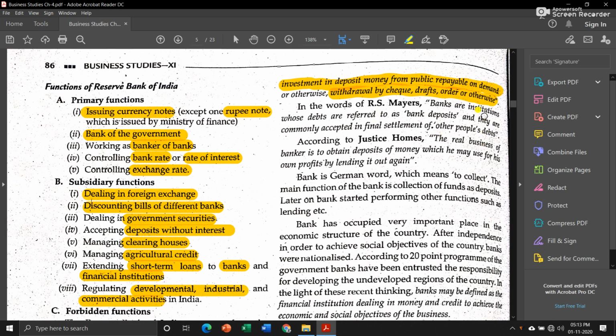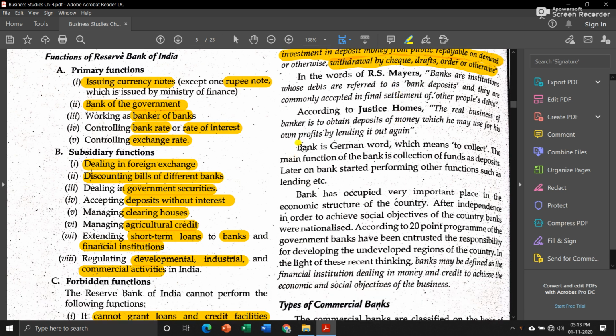There are some definitions given by R.S. Mayer and Justice Holmes, and you can go through those, but the overall meaning is the same: a commercial bank is an institution which accepts deposits for the purpose of lending or investment, in deposit money from the public, which is repayable on demand through check, draft, order, or any other source.